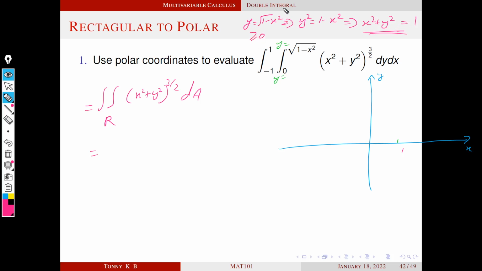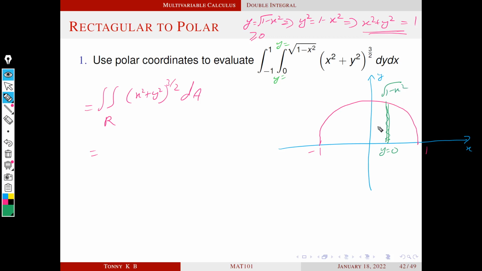So y positive means this side, the upper semicircle, with center 0 and radius 1. So the strip is like this because y is varying from 0 to square root of 1 minus x square.